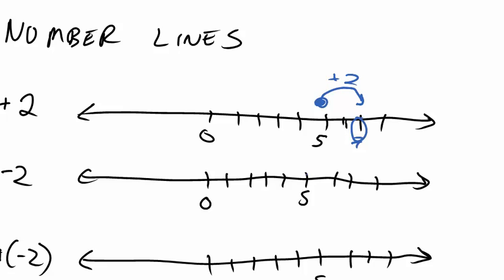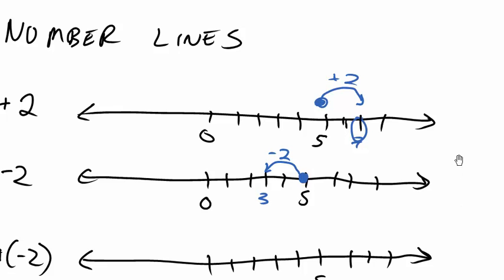For subtraction, 5 minus 2 is 3, so this time I'm going to move to the left to subtract. So addition and subtraction can be thought of on a number line as just addition moves me to the right and subtraction moves me to the left.